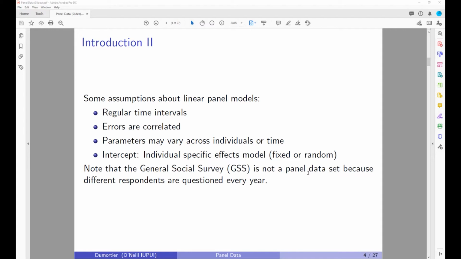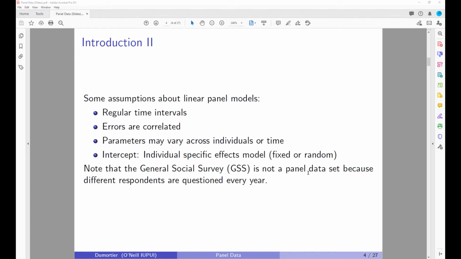Now, there are certain assumptions about a linear panel model. First of all, we have to assume that we have regular time intervals. So, for example, we have monthly data or we have annual data. We also have to keep in mind that our errors are correlated and that some parameters may vary across individuals or across time.